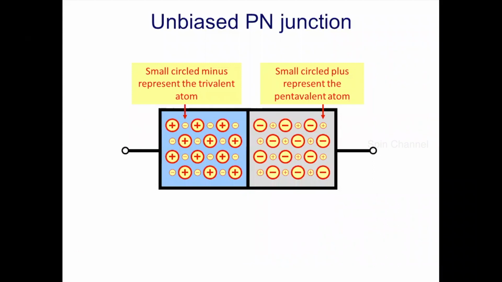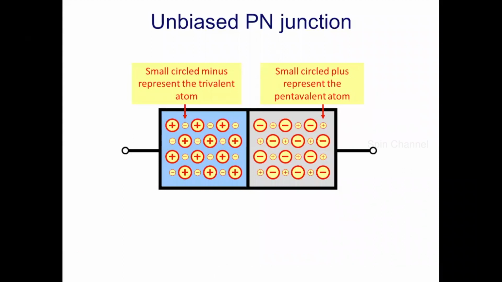That is, the trivalent atoms on accepting one electron become negatively charged ions. Similarly, on the n side, the pentavalent atoms on losing an electron become positively charged ions.